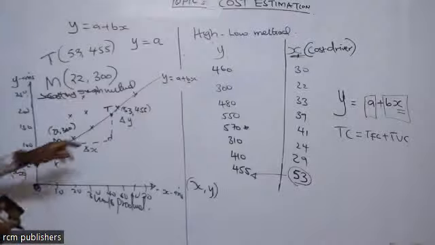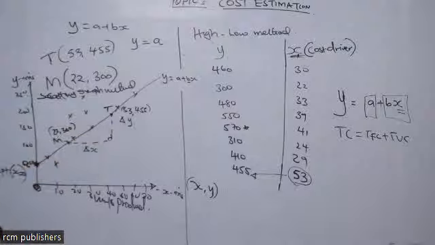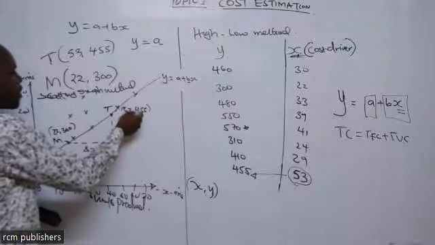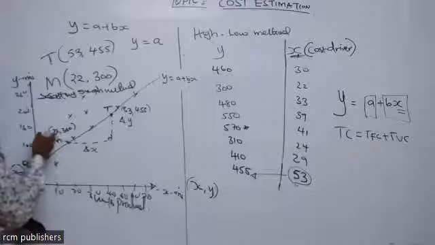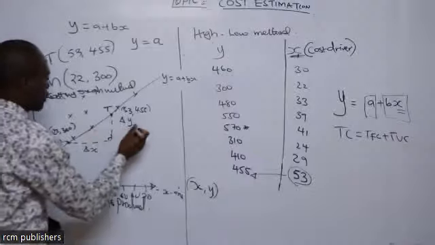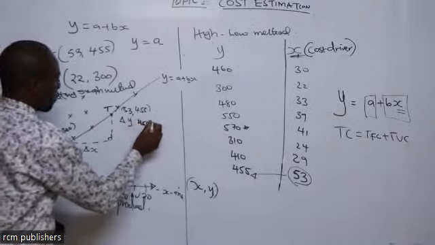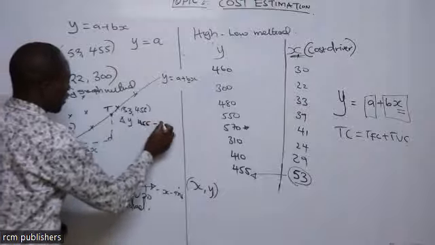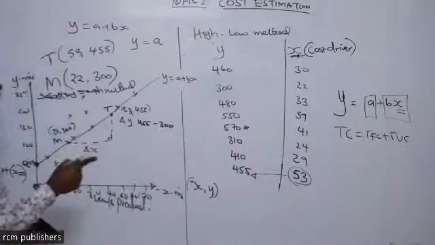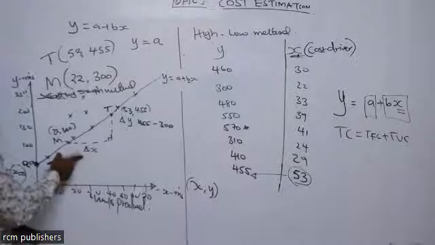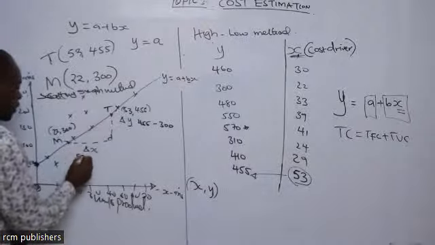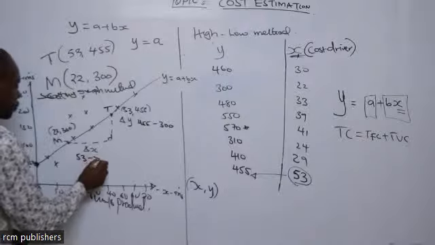Change in y is the highest value of y minus the lowest value of y, which is 455 minus 300. We divide by change in x, which is 53 minus 22.